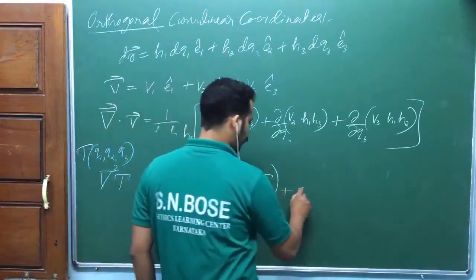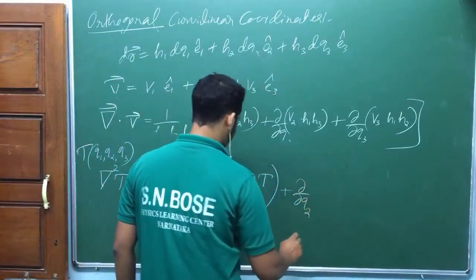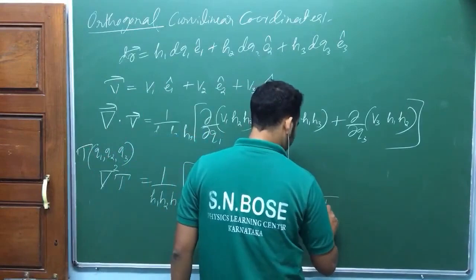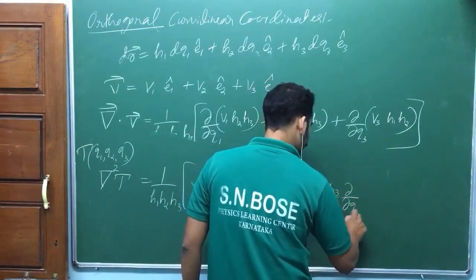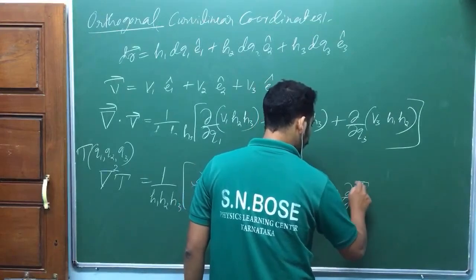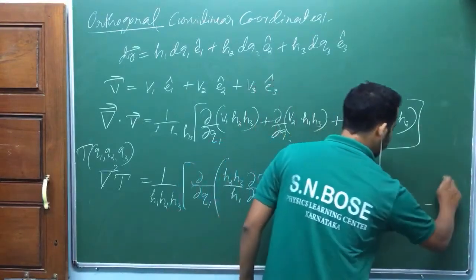Plus dou by dou q2 of h1 h3 by h2 into dou by dou q2 of T. I hope you can write one more term.